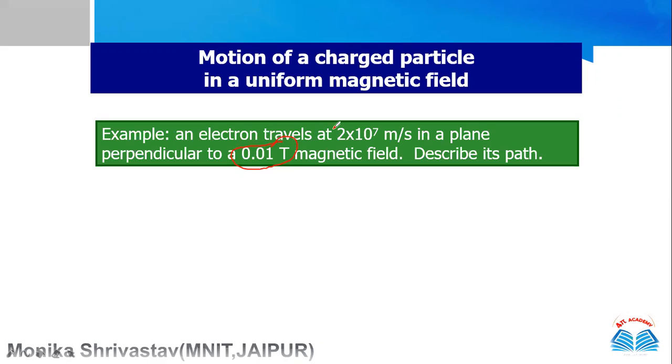Second, the velocity of the electron, which is traveling in the magnetic field, is also given. So V is given. We will be able to solve these types of questions once we have completed this class. These types of questions are quite easy and can come in your exams too.